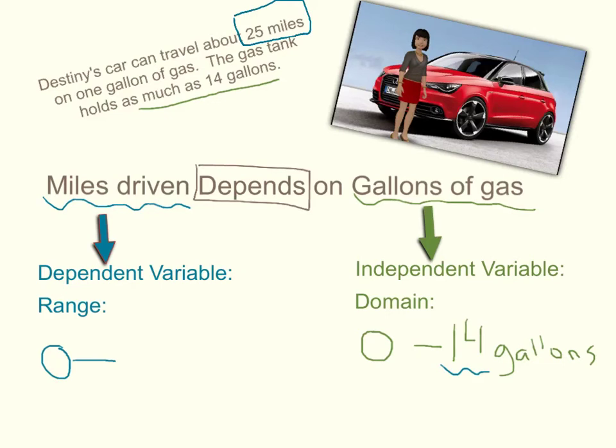Well, 14 times 25 is 350. So, on 14 gallons of gas, she can drive 350 miles. So the range is anywhere between 0 and 350.